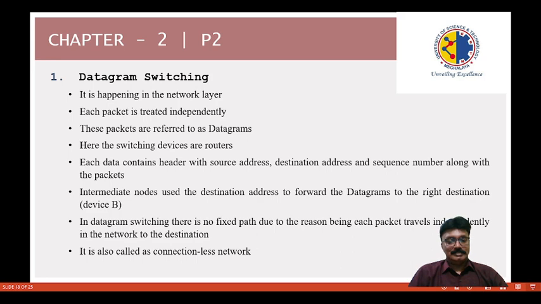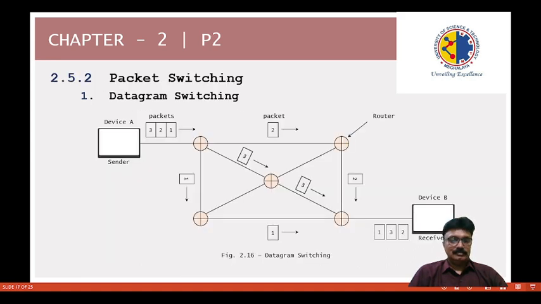That is the case we have seen here. It is also called a connectionless network. There is no proper connection between sender and receiver, because the data packets can travel in multiple directions and multiple paths to reach the receiver.